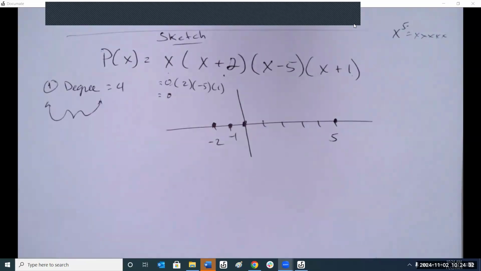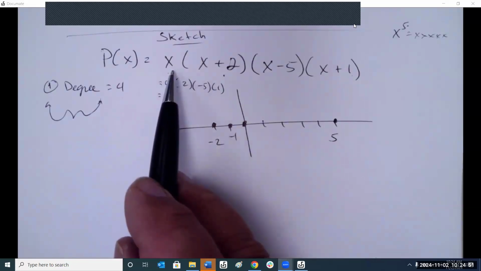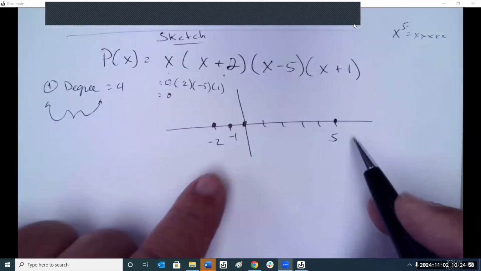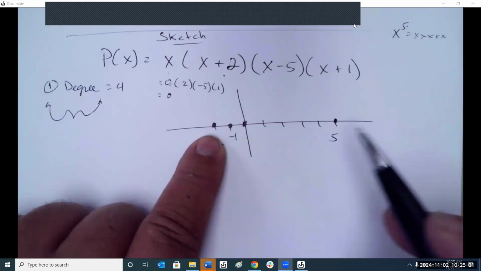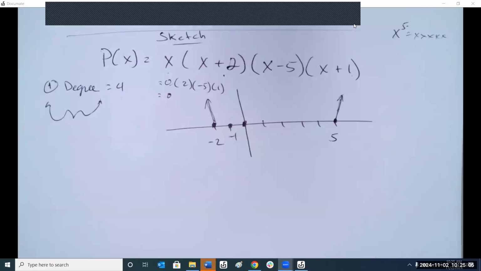So now we know what the graph looks like, kind of, sort of. What do we know about the end behavior? The degree is 4. Yep, they go the same direction, up or down? Up. So the reason they call it end behavior is because from the end points, the graph goes up, in this case.